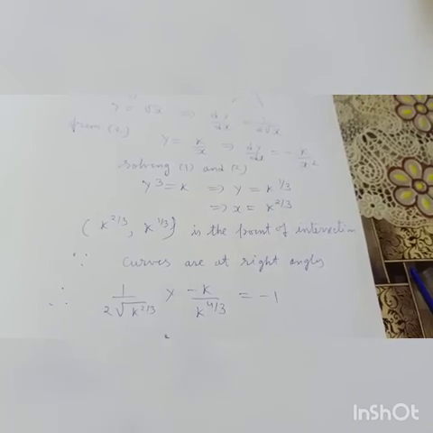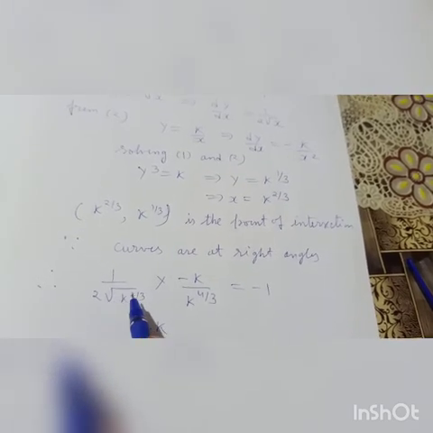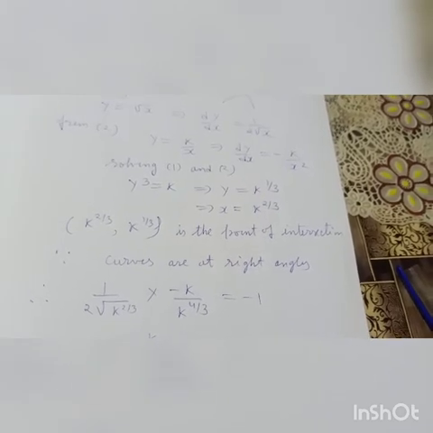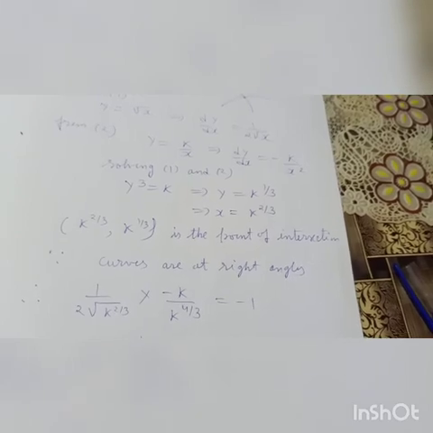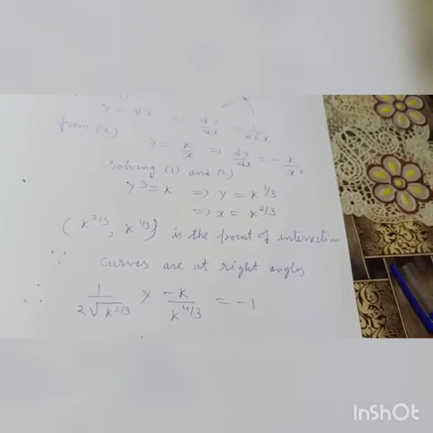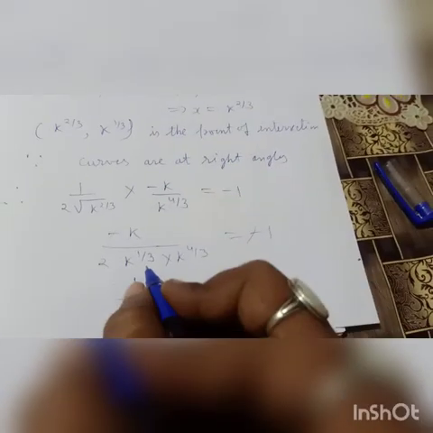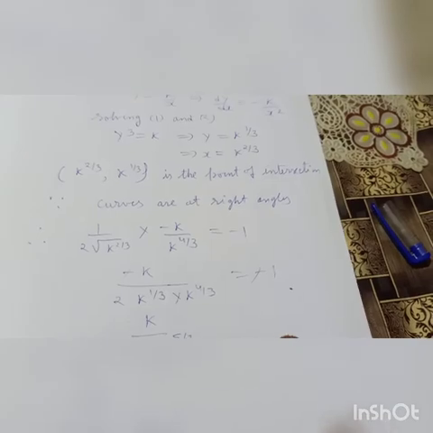In the numerator we will get minus k, then 2 times the root of this, which after simplification gives k raised to 1 by 3, and then k raised to 4 by 3 in the denominator equals -1. The minus signs will cancel, then k upon 2, the powers will be added to get k raised to 5 by 3 equals 1.